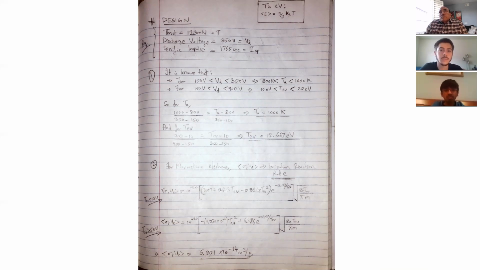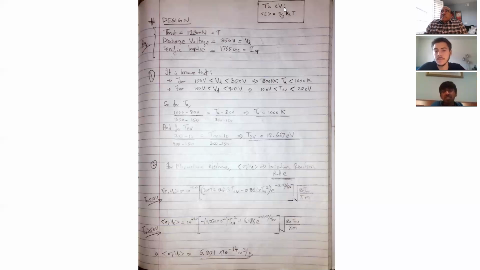Before I come into this, I would like to say that there is a way they denote electron temperatures in electron volts rather than kelvins. It's because of this thing on the top right.